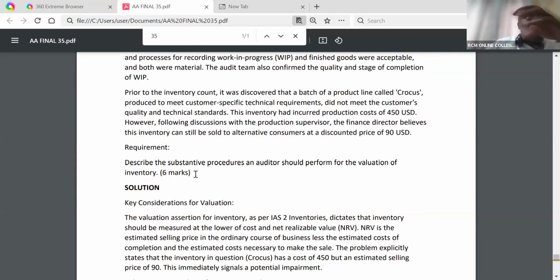So under valuation, have they used the IAS 2 concept that inventory, especially the defective inventory, has been valued at the lower of cost or net realizable value? In most cases, they'll not have done that, and yet they're telling you that they are valued correctly. Remember, my model, ladies and gentlemen, in this case is to go and show them that you guys have not done this thing correctly.